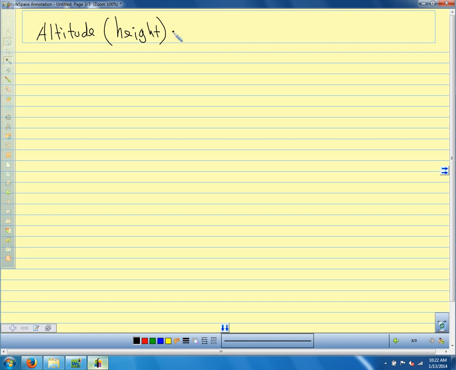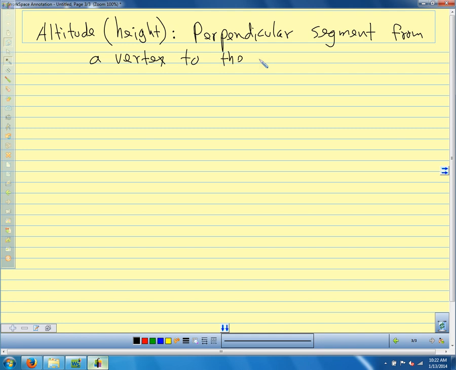So altitude and height. So altitude is a perpendicular segment from a vertex to the opposite side.